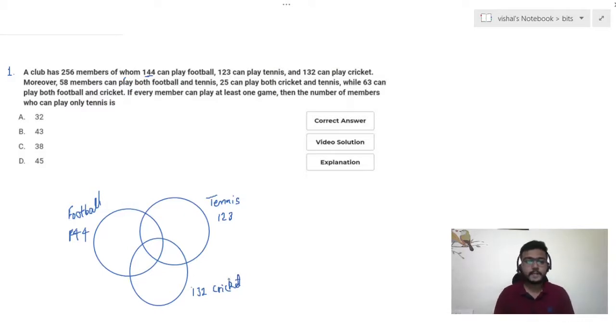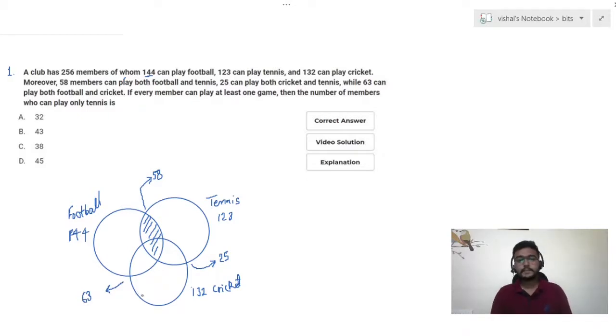Now it is given that 58 members can play both football and tennis. That means the common area of football and tennis is represented by this one, and these are the 58 members. Then 25 members can play both cricket and tennis, and 63 can play both football and cricket.